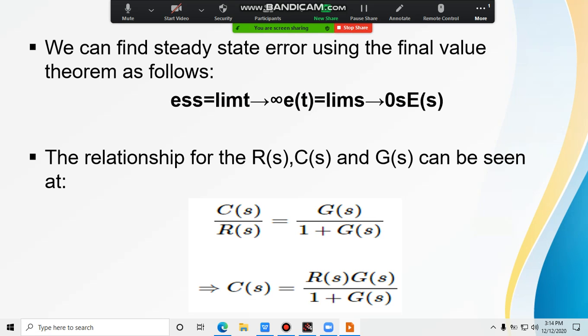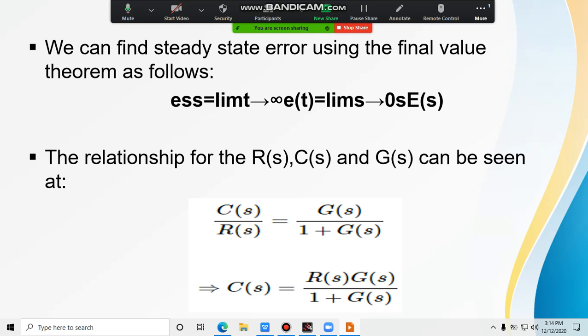Then we can find the steady state error using the final value theorem as follows: ESS equals limit t to infinity of e(t), which is limit s to 0 of s E(s).